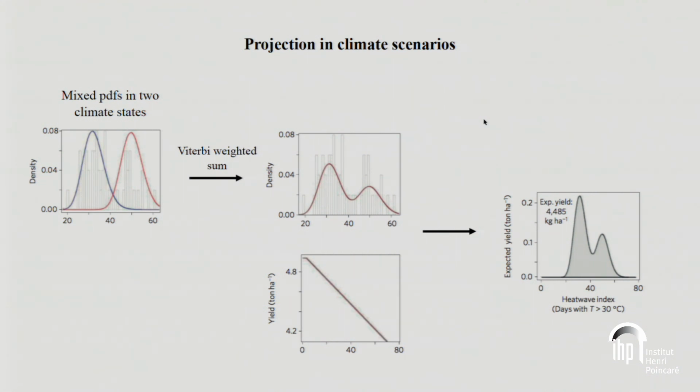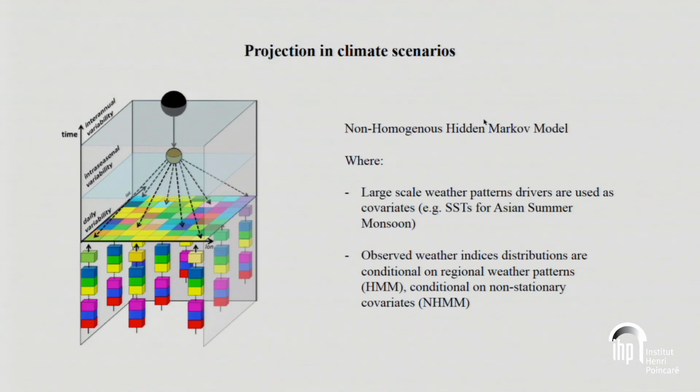Then I'll go 2 slides back to show you the probability distributions. To project the losses in different climate scenarios, and when it comes to vulnerability to precipitation, we cannot take, of course, climate model outputs at face value.